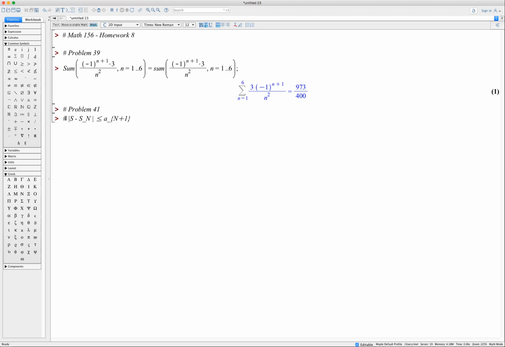That's what the theorem says. Theorem 9.15.